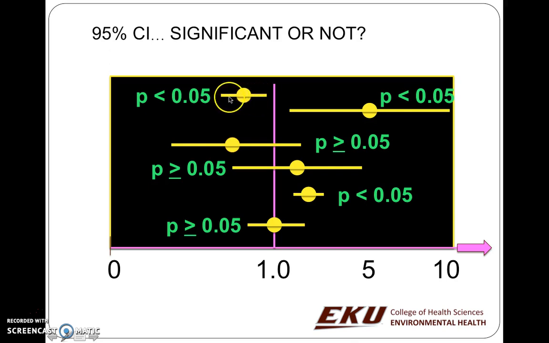So there's less than 5% chance that our estimate is wrong. So we'd say that this is significant, and because it's significant, the p-value, the probability of making an error in our judgment of whether something is protective or not, is less than 5%. So p is less than 5% or less than 0.05.